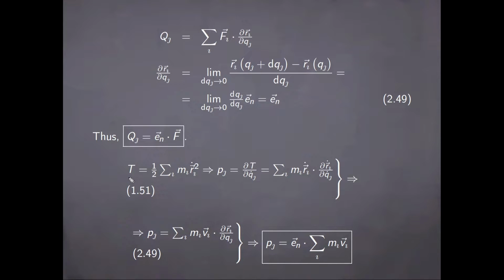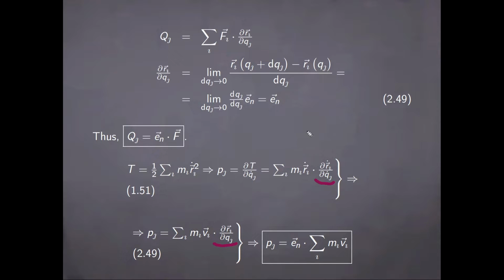Then we know the definition of the kinetic energy, and from this we can immediately calculate the canonical momentum as given by the expression here. And then if we use equation 151, we can express the derivative here as the result here.